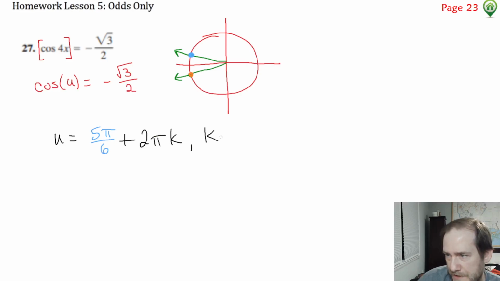And of course k would have to be an integer. Now you can write another equation, an orange equation. Instead of starting at 5 pi over 6, we'll now start at 7 pi over 6, and we'll add to that 2 pi k, where k is an element of the set of integers.